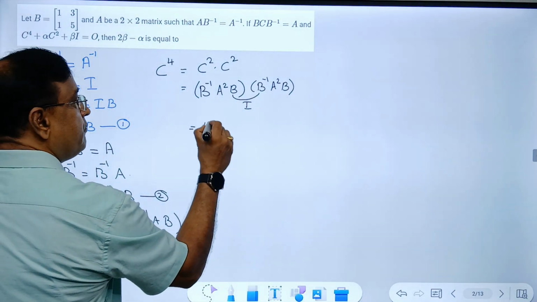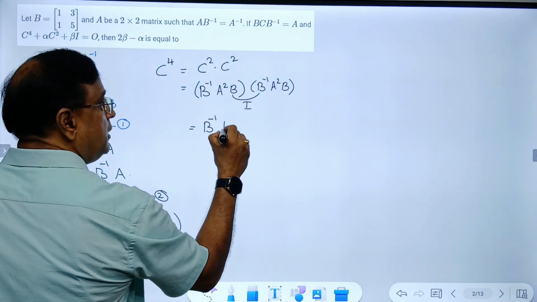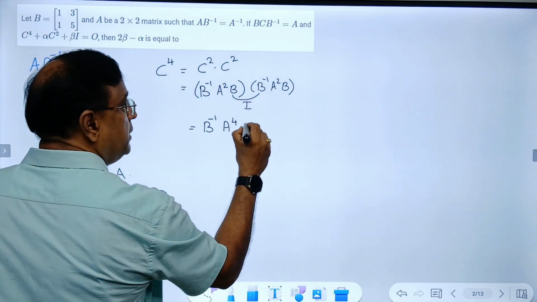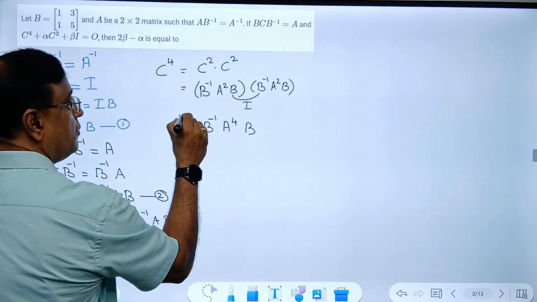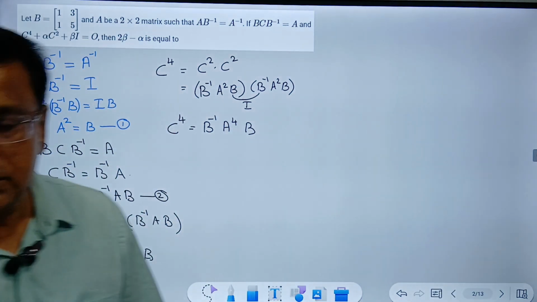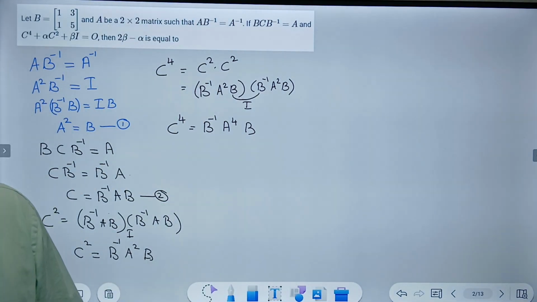So this becomes effectively B inverse A power 4 B. So this is C power 4. I have found C square and I have found C power 4.